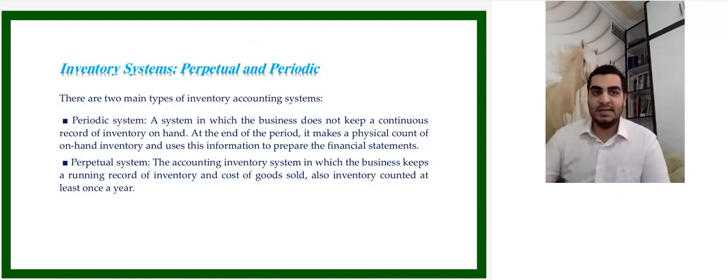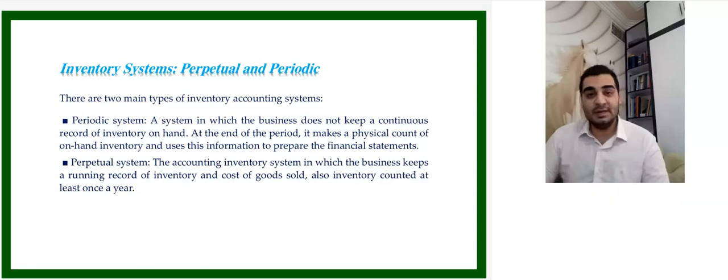In any case, there are two different accounting systems for inventory. The first one is the perpetual system, and the next one is the periodic system. Now let's see how the periodic system works. It is a system in which the business does not keep a continuous record of inventory on hand.